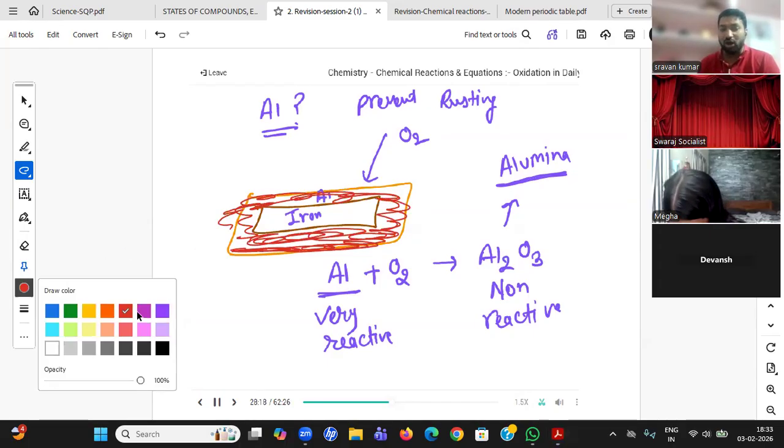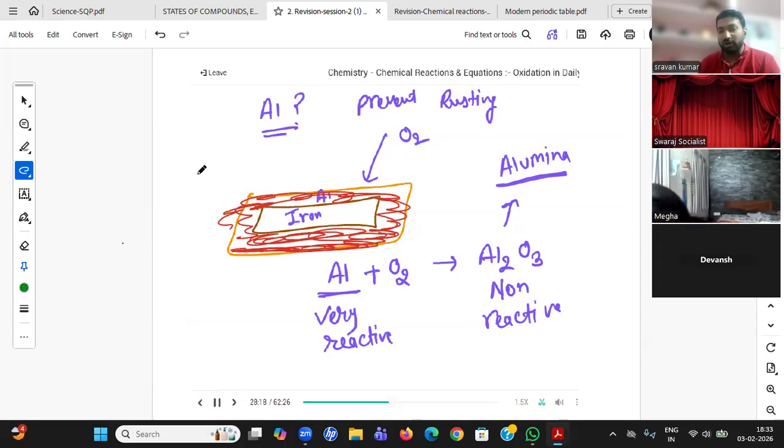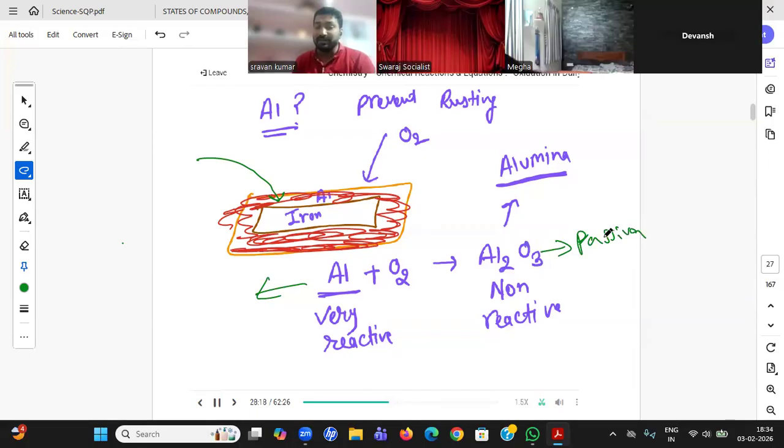Whenever oxygen and water want to penetrate inside, it will not allow them. The oxidized outside coating is strong enough that it will not let more aluminum or the iron inside be corroded. We call this passivation. Passivation is the opposite of rusting. Rusting means the entire metal is eaten, inside also. But aluminum shows passivation: only the top layer will be corroded away, but not the inside layer.